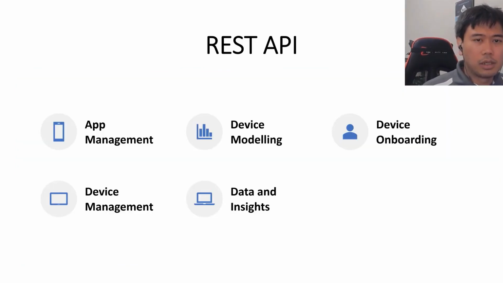Okay, moving along to the REST API. If you're building a companion app and want to do some of the management through the REST API, you can do app management, device onboarding, device modeling, device management, and some of the data insights.